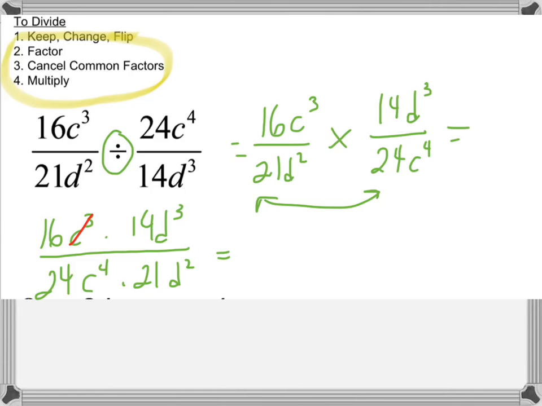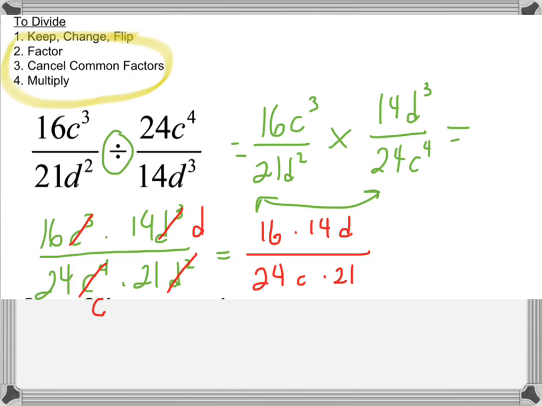C cubed and c to the 4th cancel, but one c remains in the denominator. D cubed and d squared cancel, but one d remains in the numerator. So what do I have left? I have 16 times 14d over 24c times 21. Now 16 and 24 share a factor of 8.